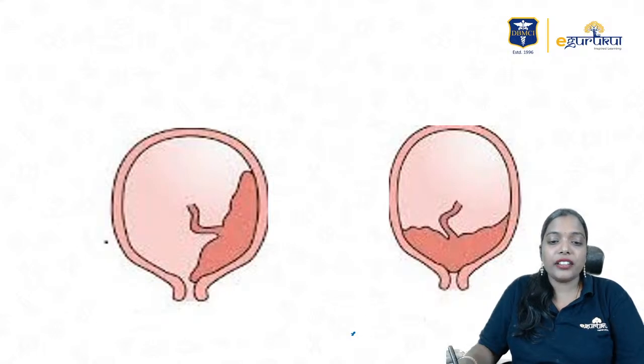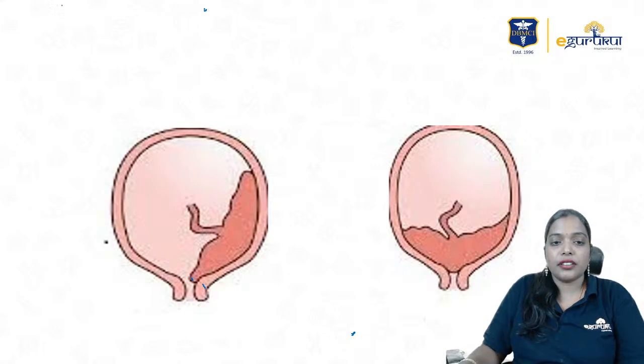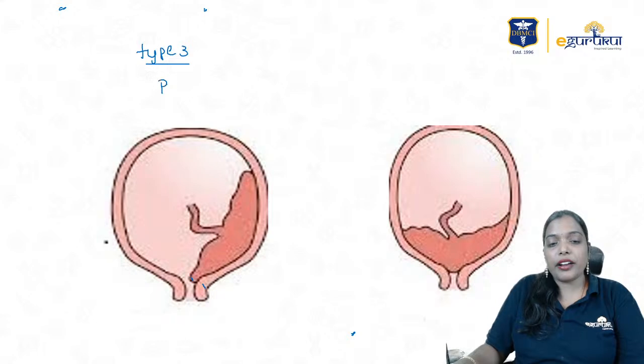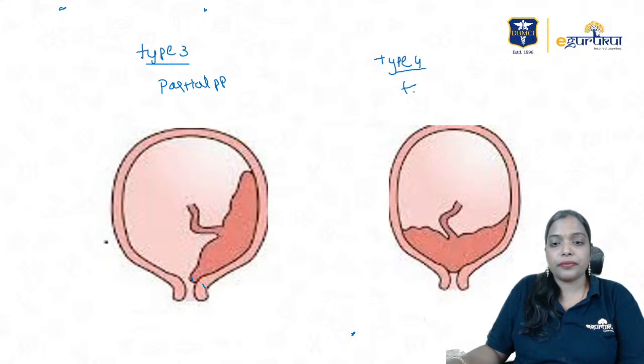When it is covering the internal os partially, you call it type 3 or partial placenta previa. Type 4 is total placenta previa, right?